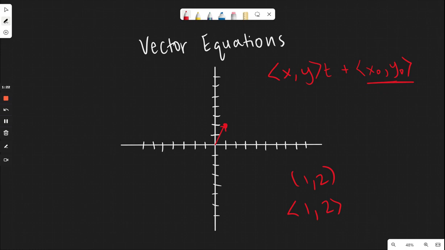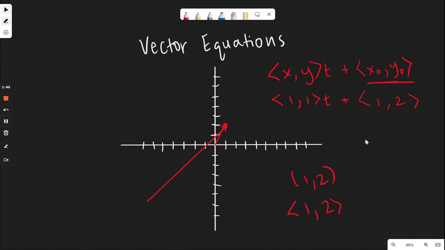Let's say our vector equation was (1, 1)t plus (1, 2). What this is telling us is that this line starts at the point (1, 2), and it goes up. This is what it should look like.